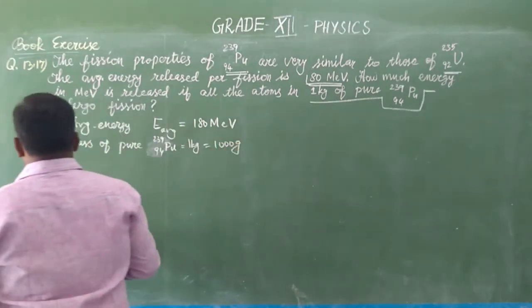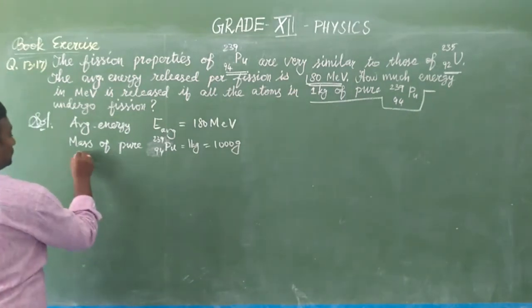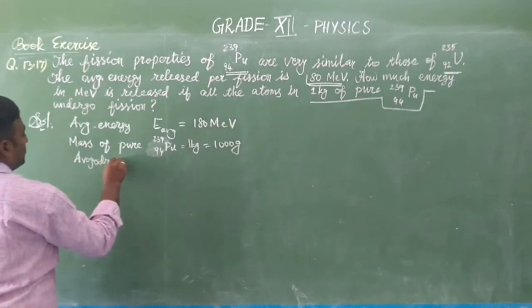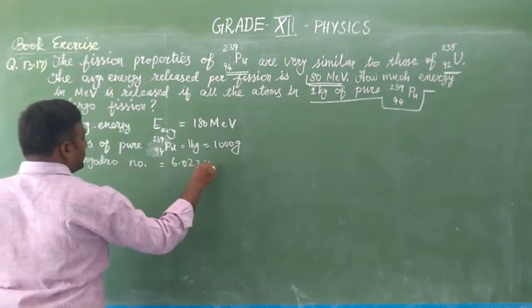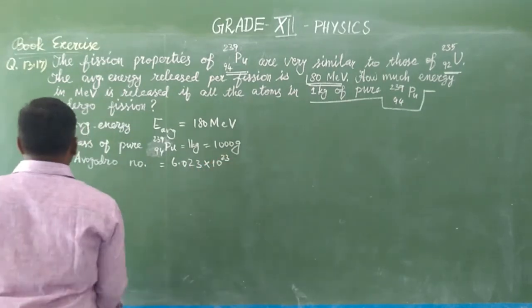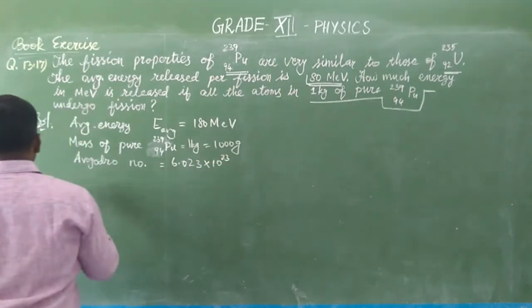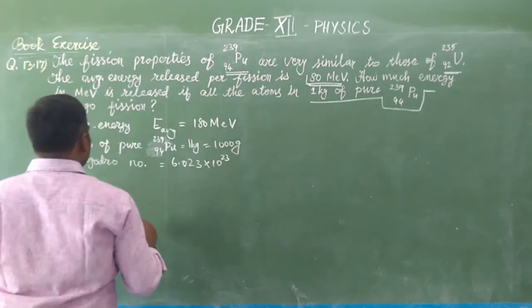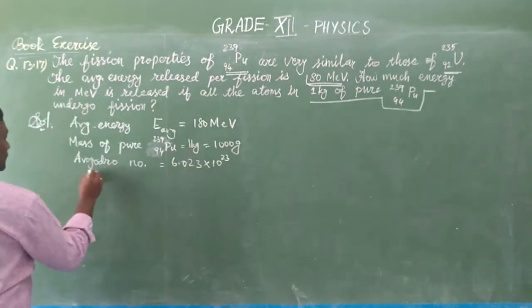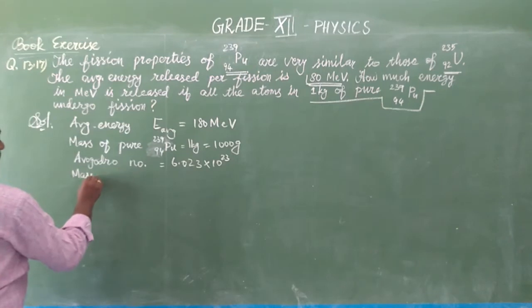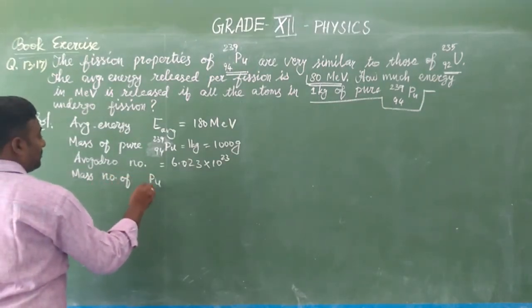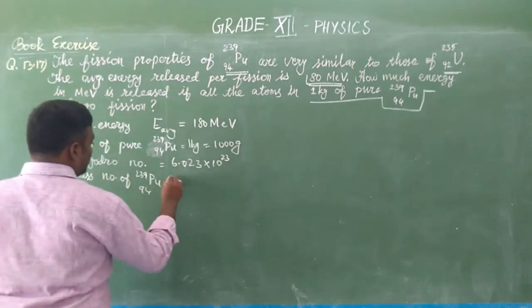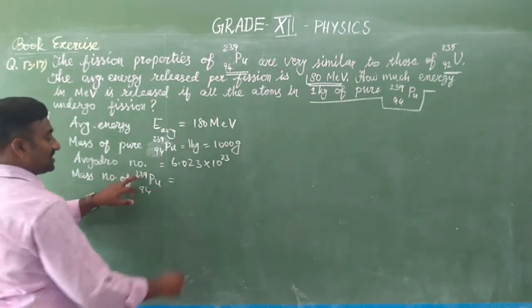Okay, and we know the Avogadro number too. The Avogadro number is 6.023 into 10 to the power 23. Then the mass number of the plutonium, 94 239, this is the atomic number, this is the mass number.